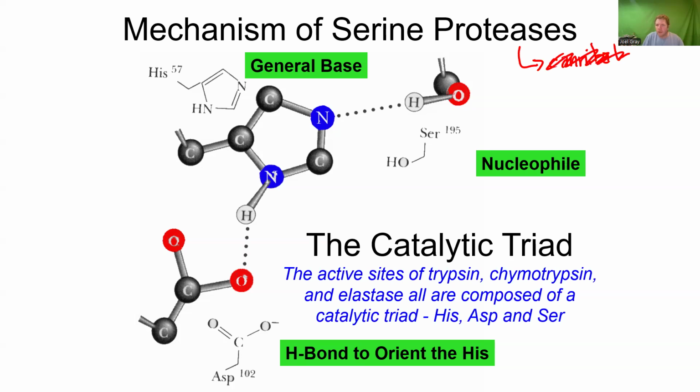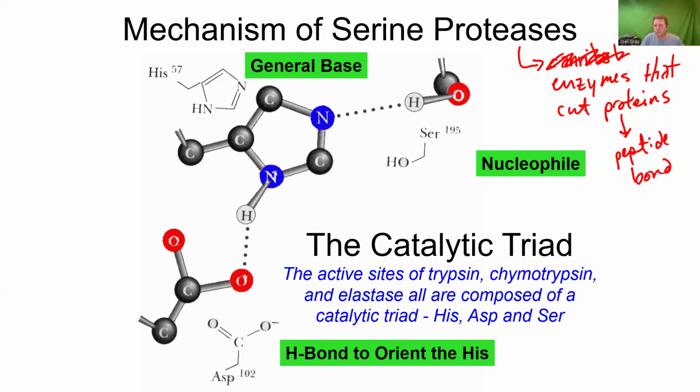Proteases are enzymes that cut proteins. Specifically, they are going to cut peptide bonds. Proteases have peptide bonds, but they're going to cut other peptide bonds.